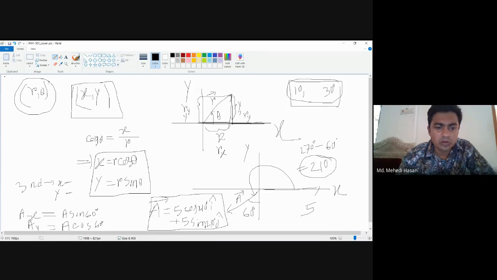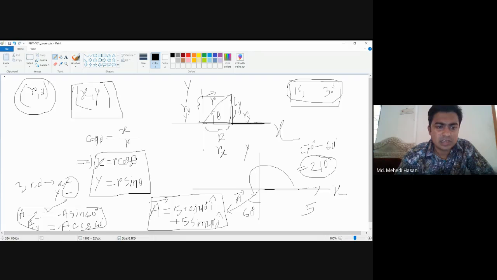According to the trigonometric formula, because the angle produced by vector A is with the negative y-axis, we have to consider cos theta for the y-axis and sin theta for the x-axis. Now we have to add the sign also, because the x component is negative and the y component is negative. So this is the conversion from polar to Cartesian.